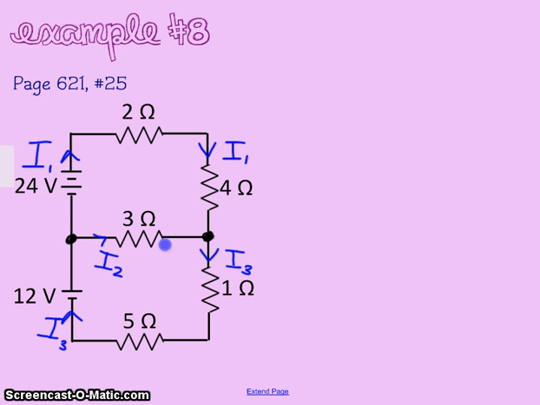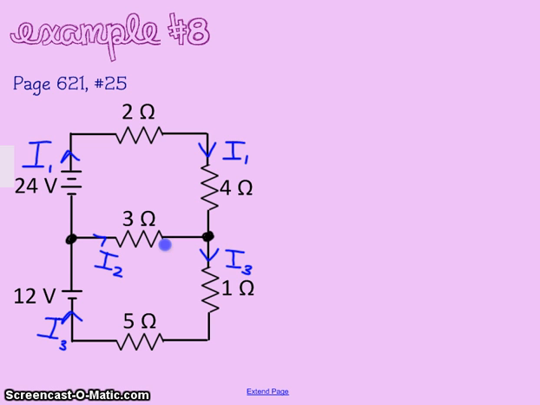And then we're going to apply the junction rule next. Let's look at this first junction, the one on the left-hand side. The sign rule is that whatever current is pointing toward the junction is positive, and whatever is pointing away from the junction is negative.